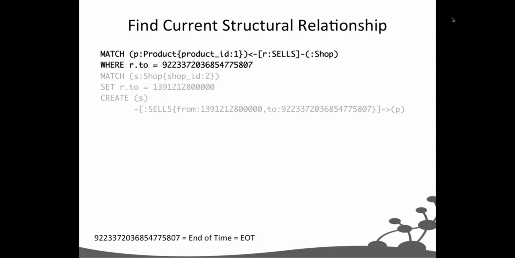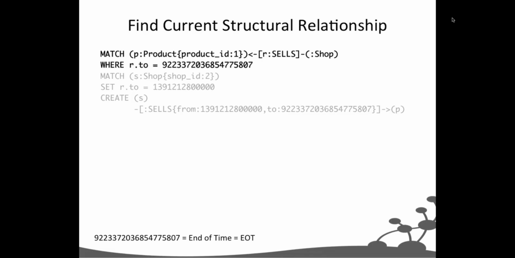So this is how we would actually go about doing this in Cypher. This is how we would introduce this change to the structure of the graph. We know that we're dealing with a particular product, so we can create a match clause that identifies the node that represents the identity of that product.